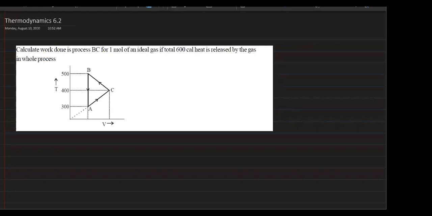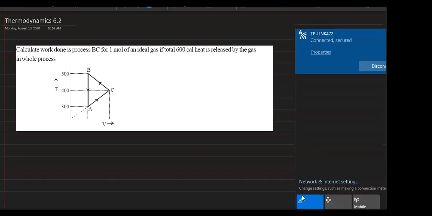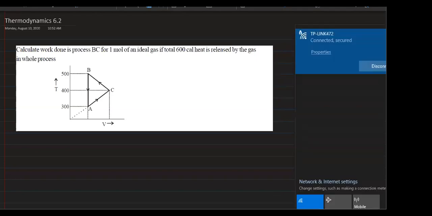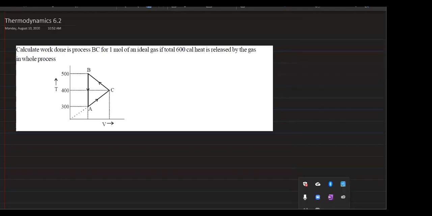Sir, for cyclic process, we'll take delta U equals 0. Why will it be zero? Tell me why it is zero.